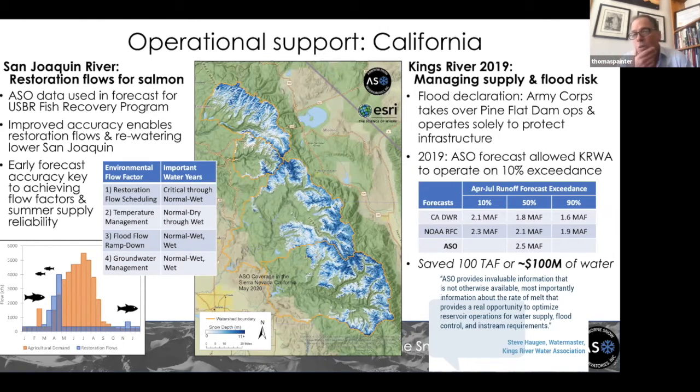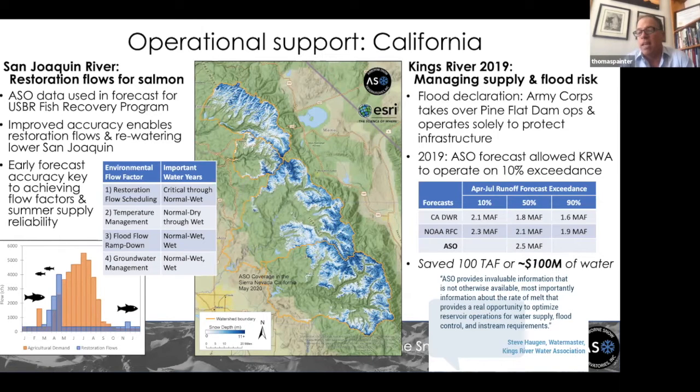And then a great example on the water supply side from 2019 was in the Kings, when the Bulletin 120 and the California Nevada River Forecast Center forecasts were coming in lower than what ASO was finding with our observations through the Kings, and so even with the 10% exceedance value here of the high value of 2.3 million acre feet, we were still pulling that higher.